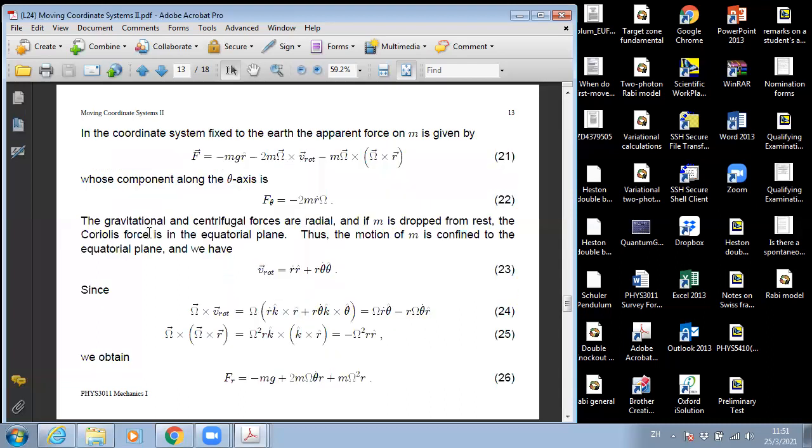So in the coordinate fixed to the Earth, the apparent force on m is given by here, all right? Gravitational force, Coriolis force, and centrifugal force, right? Now, whose component along the theta axis is minus 2m r dot theta?